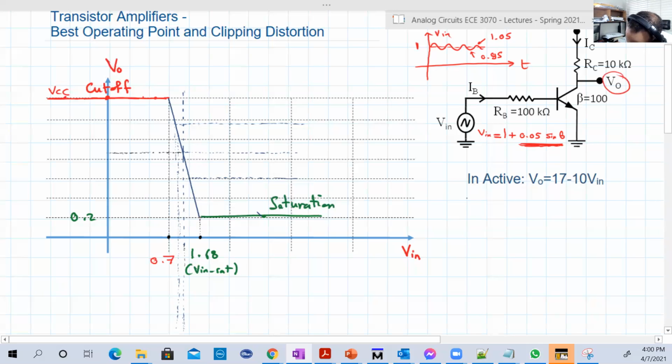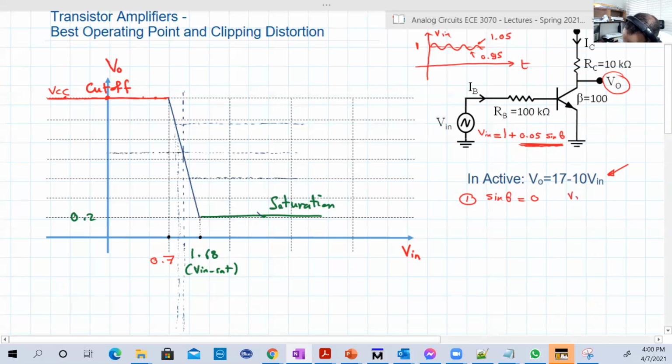So let's analyze the first one. Remember, the relation between VO and V input in active region is this equation here, 17 minus 10 V input. So let's check when sine theta equals 0, what's gonna happen to V output.